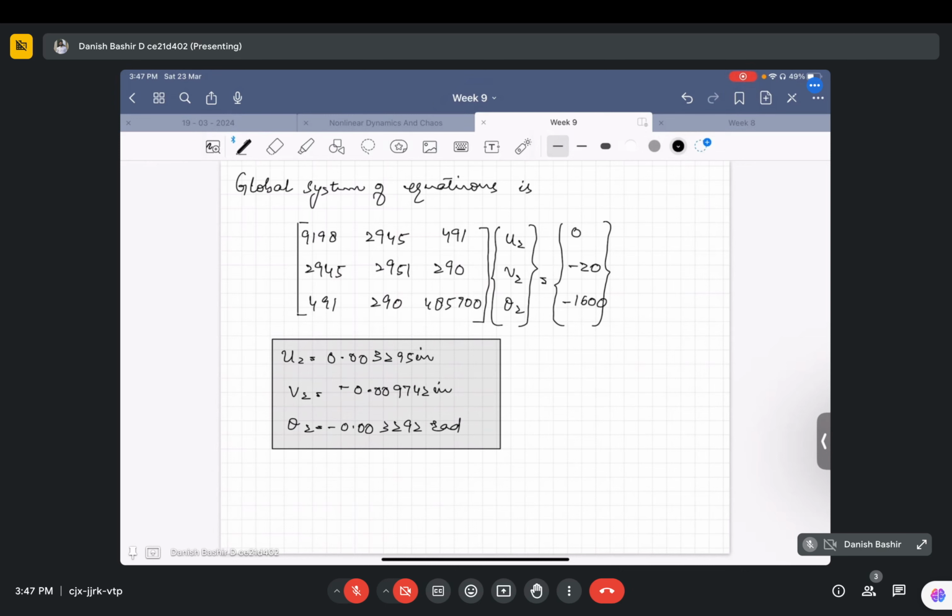So after this, we can compute different things. That is, we can compute the nodal displacements of each element in the local coordinate system, and using those nodal displacements, we can calculate axial force, shear force, and bending moment. I will show it for one of the elements, then you will do it yourself.